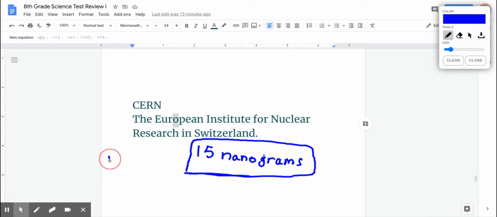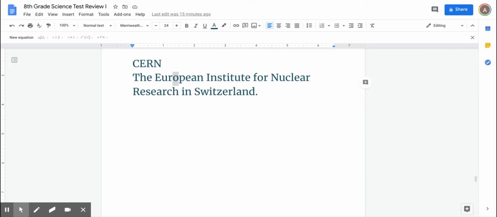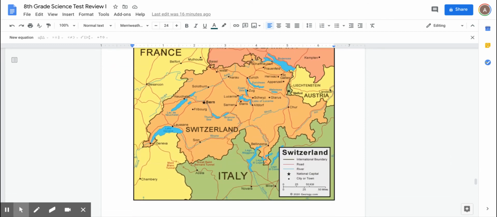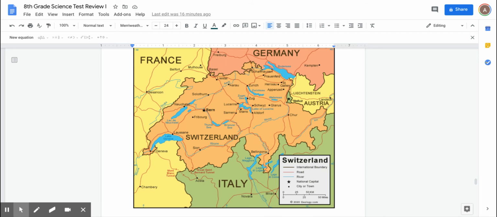Just to understand, a nanogram is the weight of a cell. So 15 nanograms will be 15 cells, and that's very, very small. And like I said before, if we made a gram of this stuff, which we haven't, it's very expensive, a lot of energy involved, we can create a nuclear bomb just from 15 grams of antimatter.